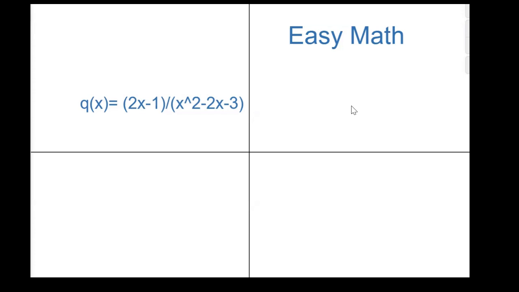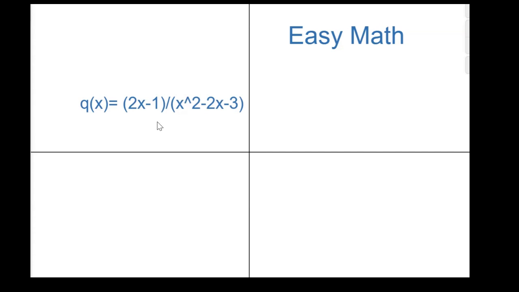At first, I explain the function Q(x). Q(x) equals 2x minus 1 over x squared minus 2x minus 3. I set the denominator x squared minus 2x minus 3 the same.